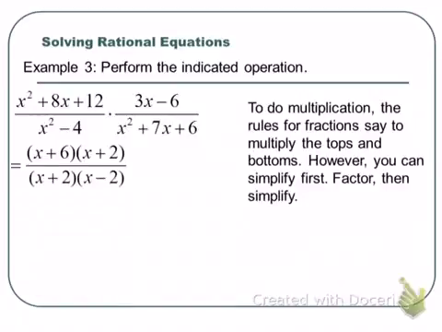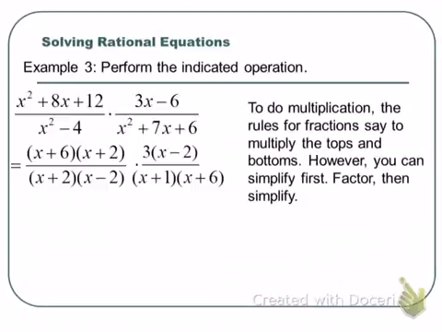I'm not sure that's what's next on the PowerPoint. x squared minus 4 is x plus 2 times x minus 2. 3x minus 6 is 3 times x minus 2. Oh, my gosh. Yeah. I thought I heard you say a 3 there. Yep. And then x squared plus 7x plus 6 will factor as x plus 6 times x plus 1.